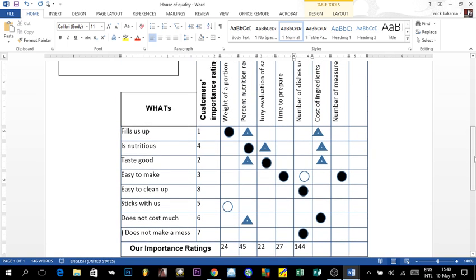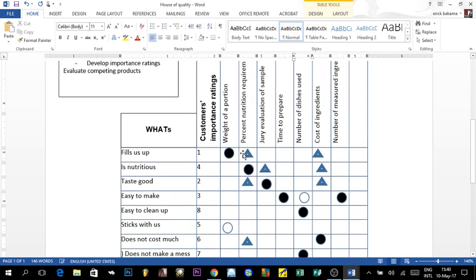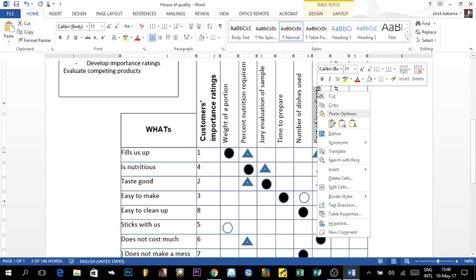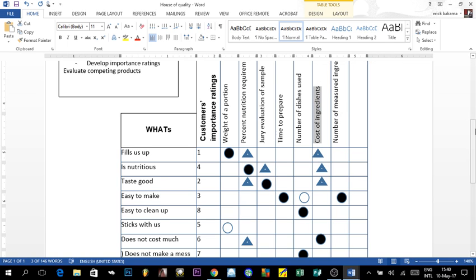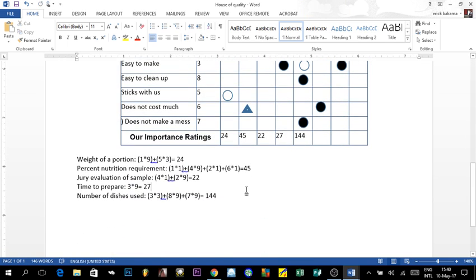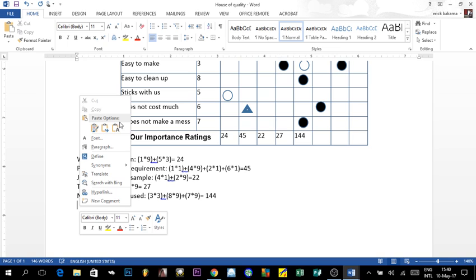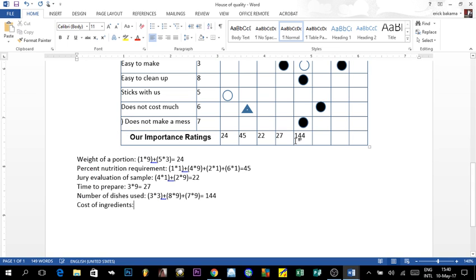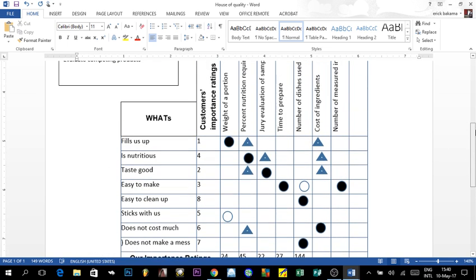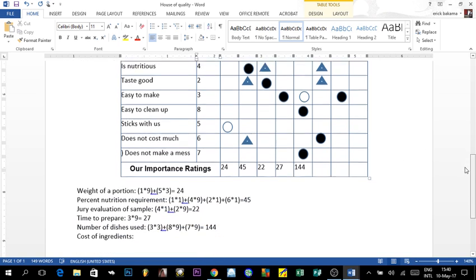And then the cost of ingredient, this is the cost of ingredient that we need to focus on. Now the cost of ingredient, according to what they're saying, has a low relationship with the fills up, which is a rating of 1, so it's 1 times 1, and here we'll have 4 times 1, 2 times 1.